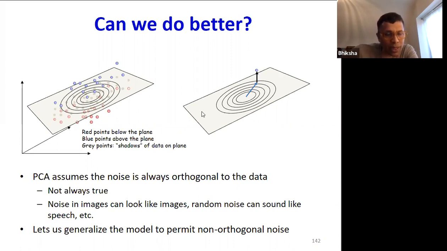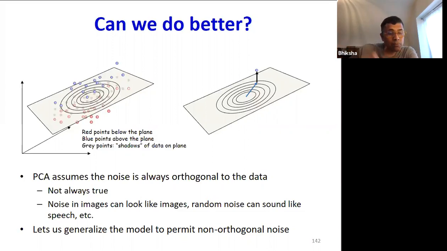Now, if you think of this as a model for real-life data, it's kind of hokey. PCA is fundamentally broken in that sense. Think about sounds. If nobody is speaking in the room, and you just close your ears and listen to the sounds in the room, you can hear ghosts, you can hear music, you can hear stuff. Random noise sounds like meaningful sound.